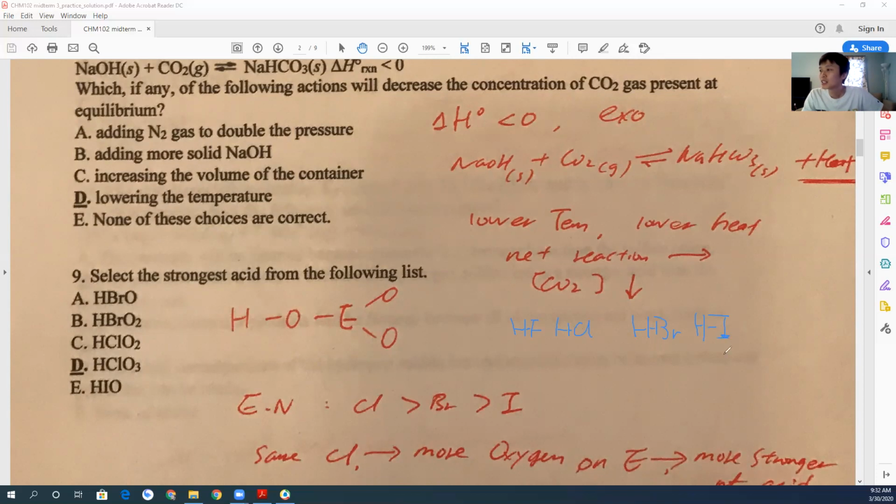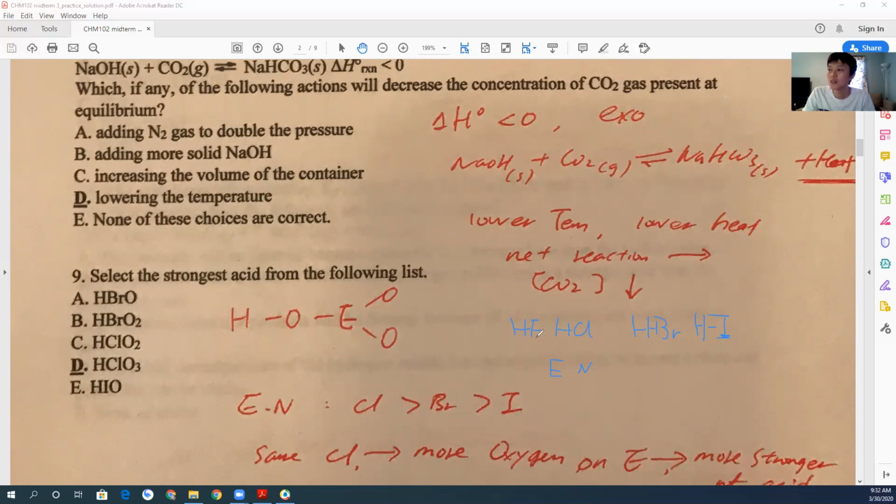The rule is we're going to look at the electronegativity of these non-metals. We're basically comparing how strong each bond is. The weaker the bond, the easier for the non-metal to donate the proton, or the hydrogen. It's easier for the hydrogen to leave the non-metal to generate that proton.